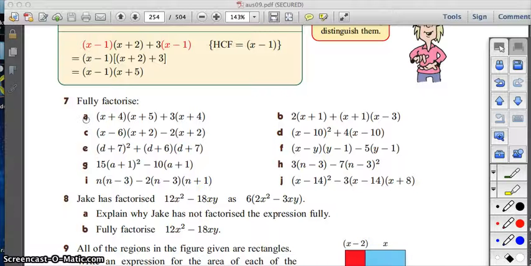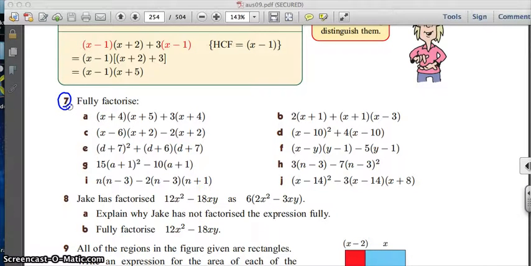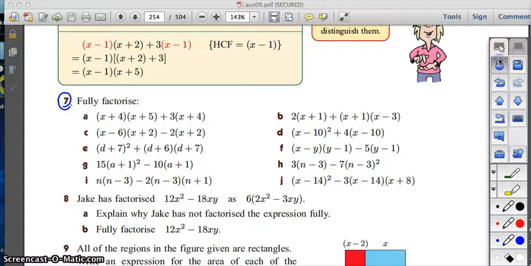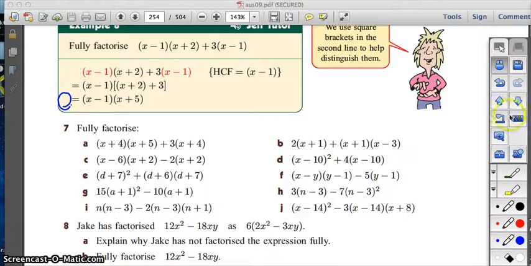When you get down to question 7 here of 12b, there's just an extra step involved.